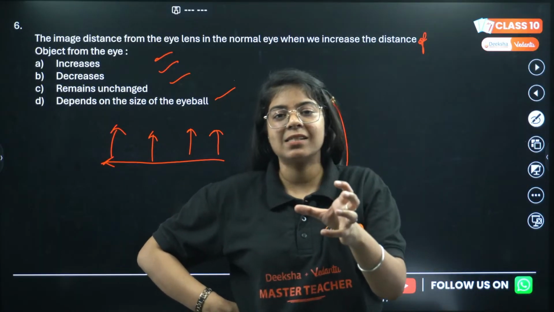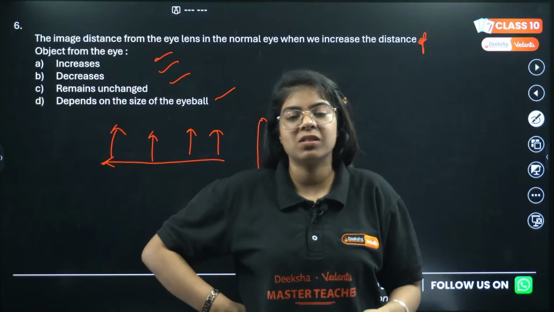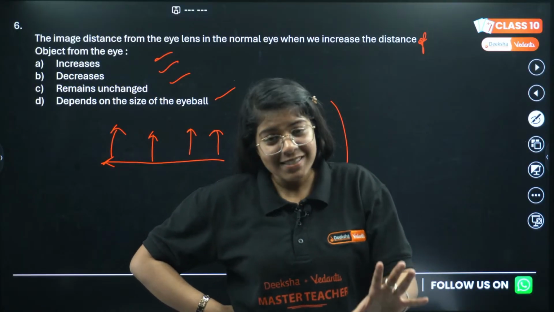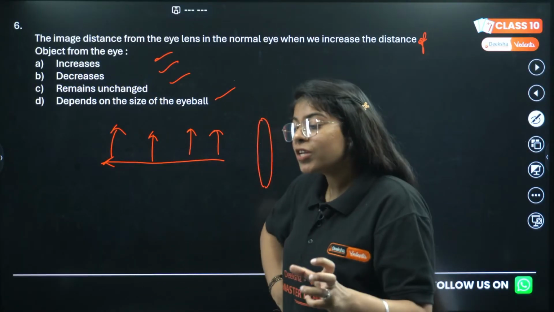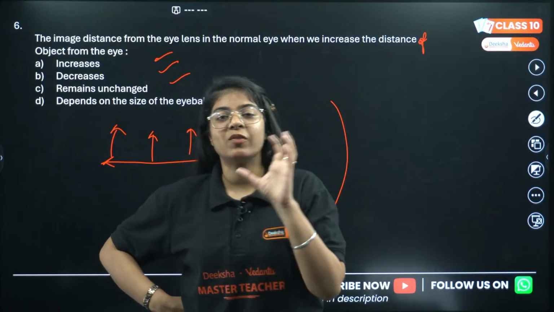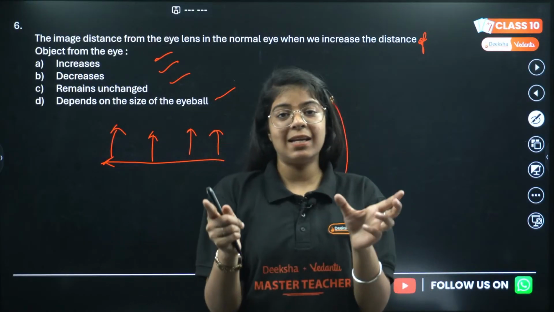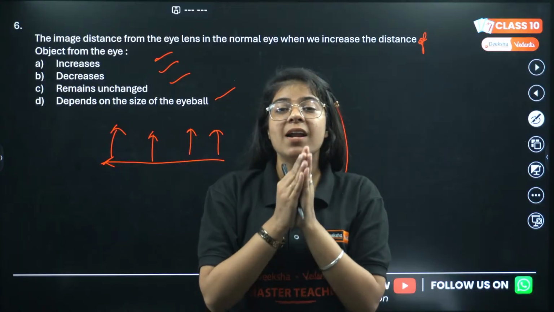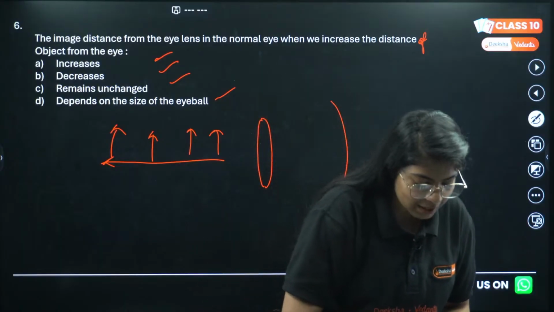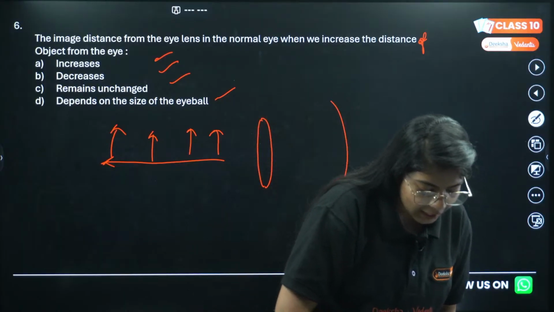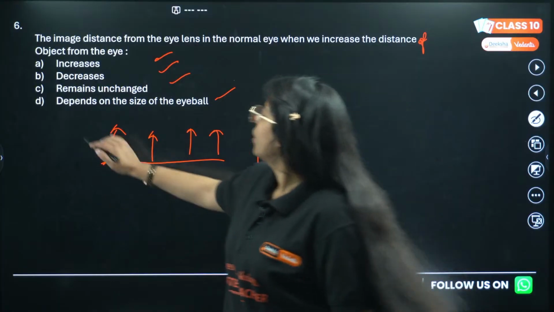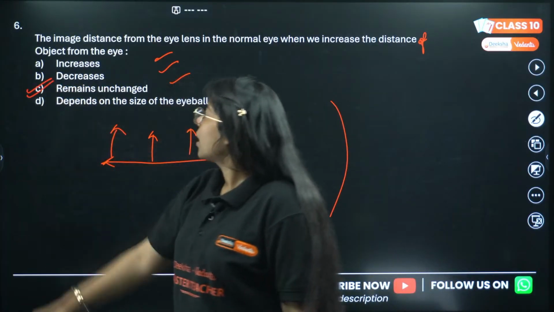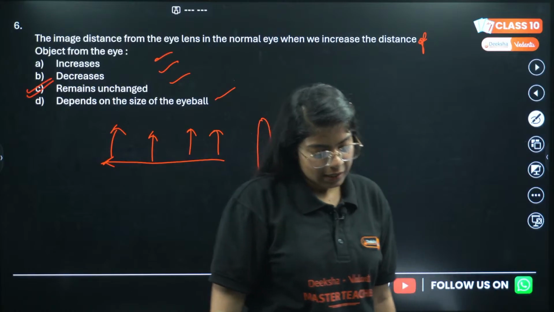Retina stays at the same place, and my eye lens stays at the same distance. So the image distance from the eye lens will always be the distance between the eye lens and the retina. It will never change. It will always remain the same. Correct? Okay, remains unchanged. That is correct.